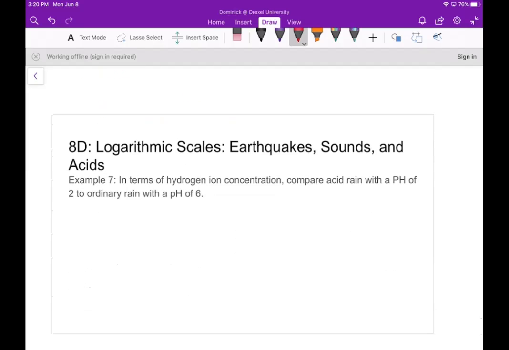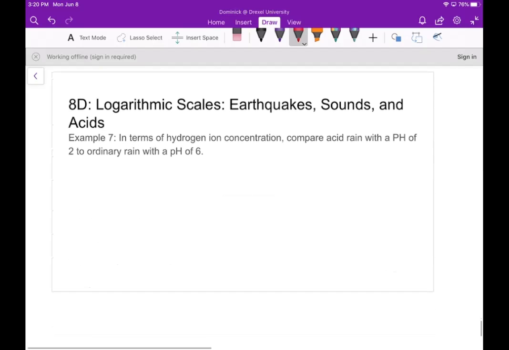Now in this next example, in terms of hydrogen ion concentration, we're going to compare acid rain with a pH of 2 to ordinary rain with a pH of 6. For this, we're going to use the other formula. We have that H plus is equal to 10 to the minus pH.